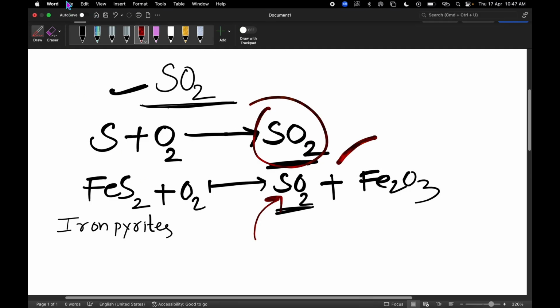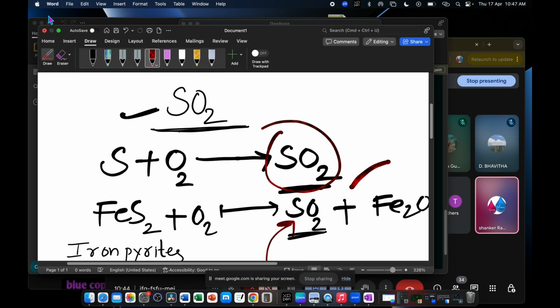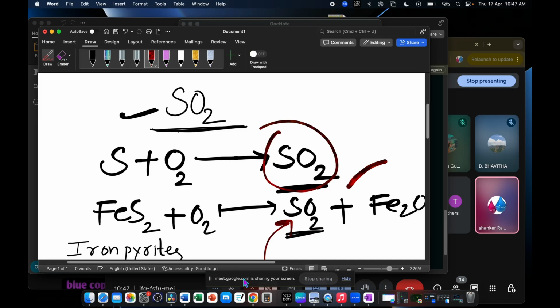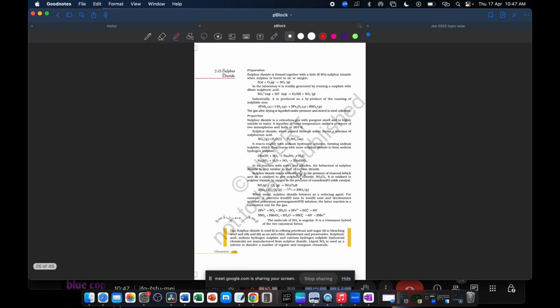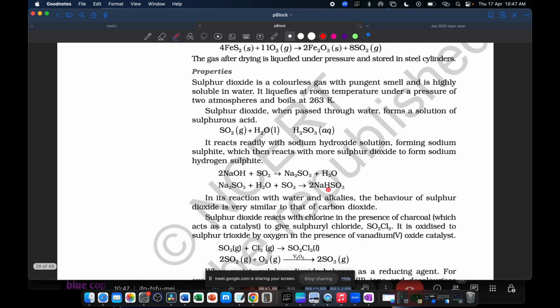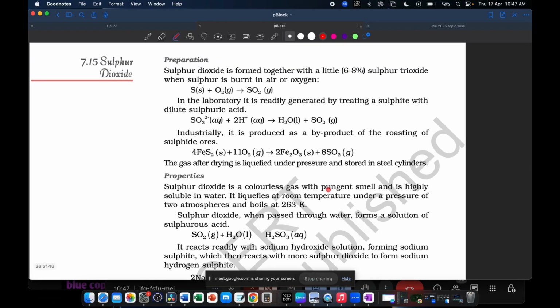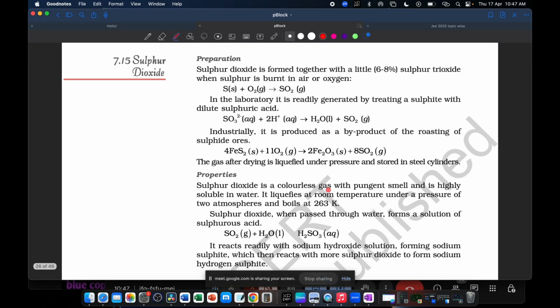So we'll see this here. Right. So preparation here: sulfur when burnt in oxygen, sulfur dioxide gas is formed.